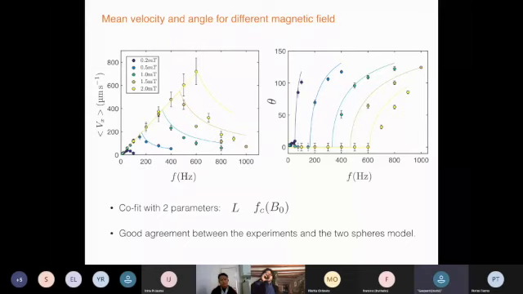As you can see, when you increase the field amplitude, you also increase the critical frequency. In the second figure, at low frequency you don't have an angle theta, and at some point you start to increase the angle theta. We have a good agreement between the two-spheres model and our experimental results.